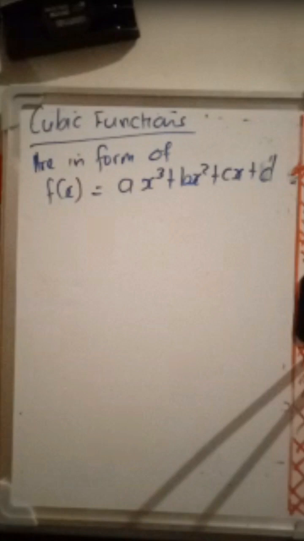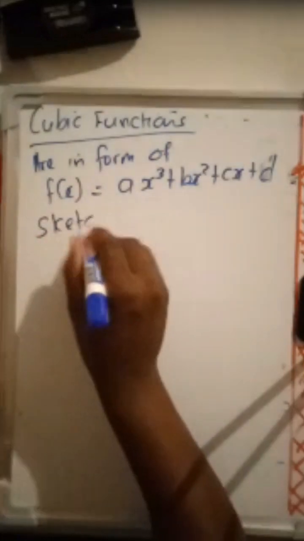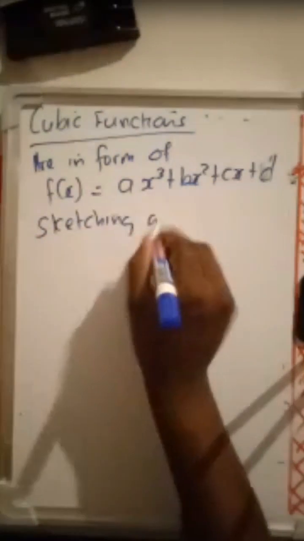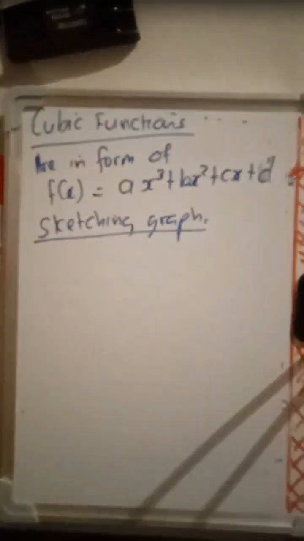Okay, so sketching the graph. The shape of the graph is determined by a.